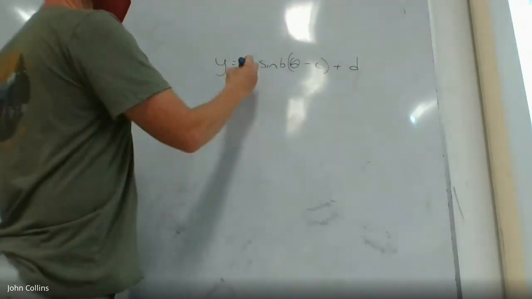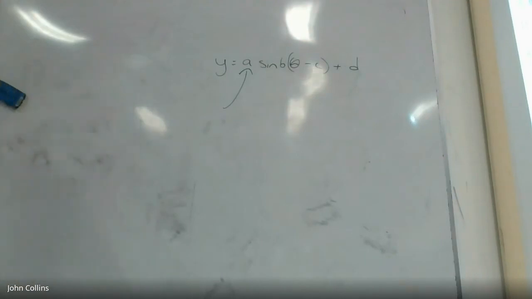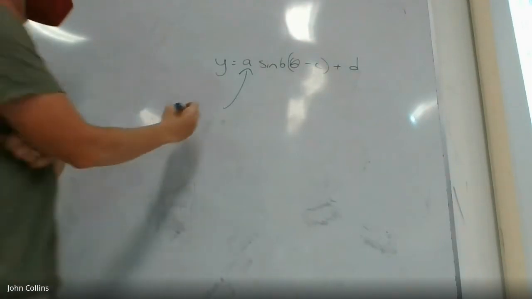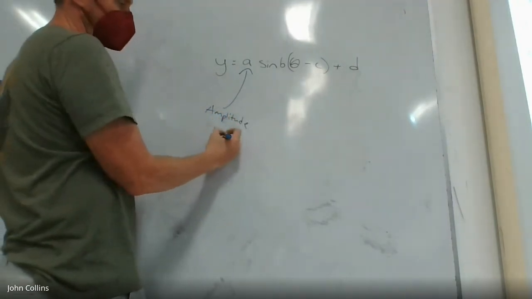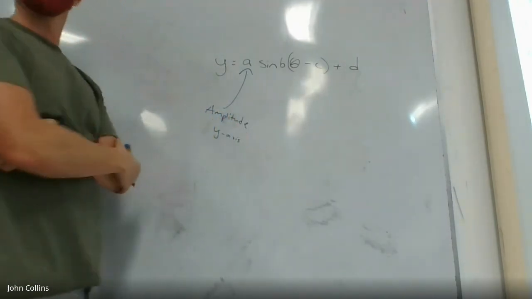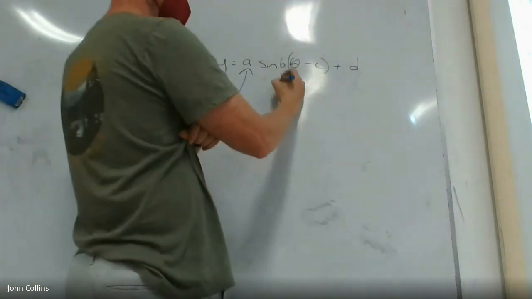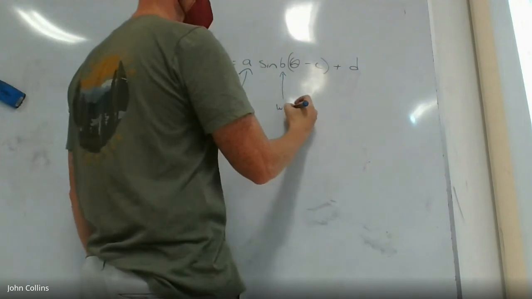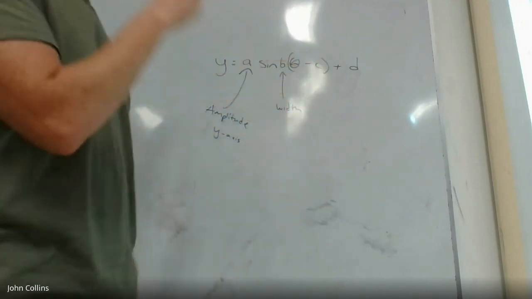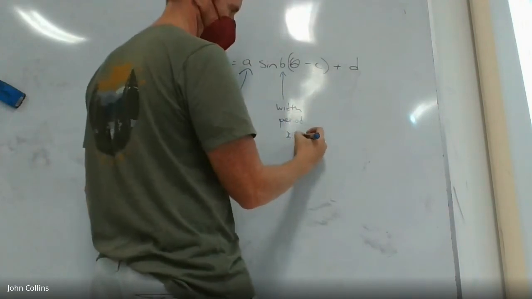What does A control in your words? Amplitude. So it'll affect the y-axis, I suppose. Okay. What will B control? The width. What word did we just use? Okay, the period, yeah, which will affect the x-axis.